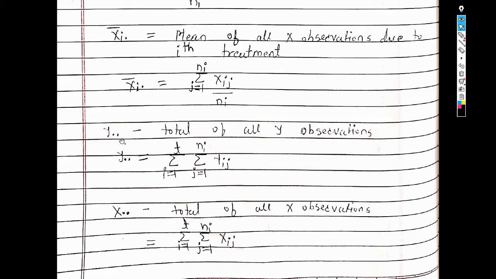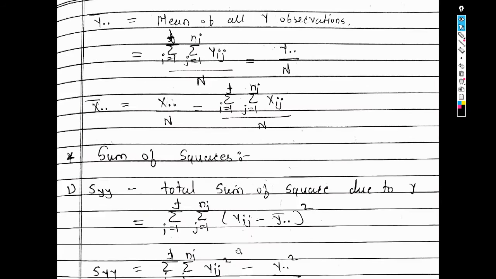Then next is y dot dot. So y dot dot is the grand total, or total of all y observations, and it is the summation over i, summation over j of yij. Then x dot dot is also the grand total for x observations, or total of all x observations, and it is the summation over i, summation over j of xij. Then y dot dot bar is the grand mean for y observations, or mean of all y observations.